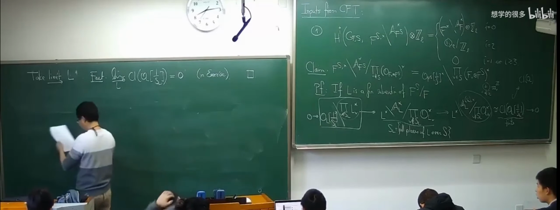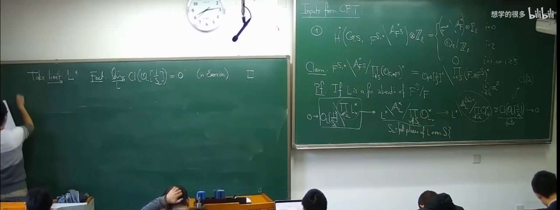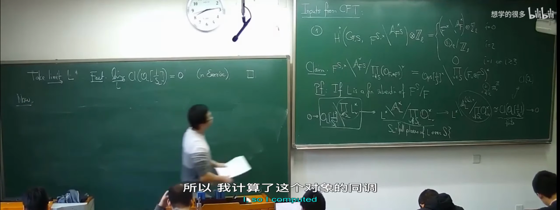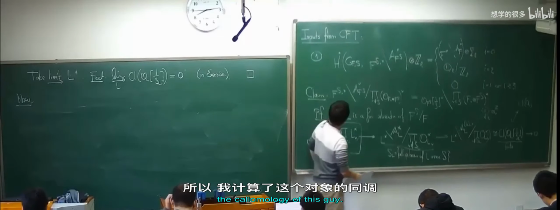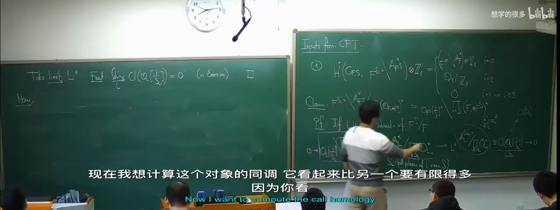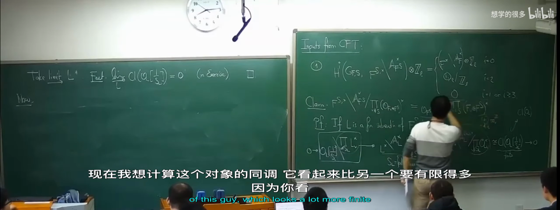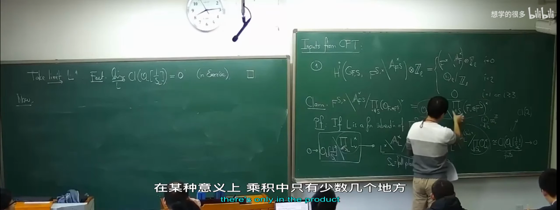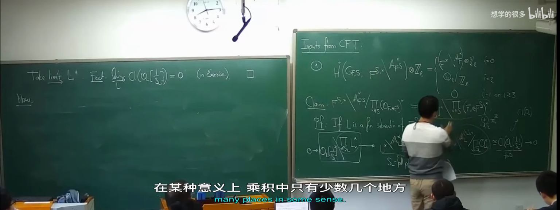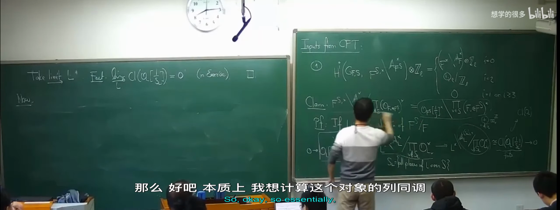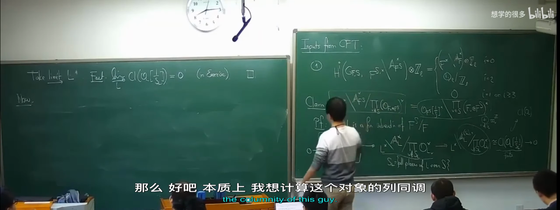Okay, now I computed the cohomology of this guy. Now I want to compute the cohomology of this guy, which looks a lot more finite than the other one, because there's only a product over finitely many places in some sense. So essentially I want to compute the cohomology of this guy.